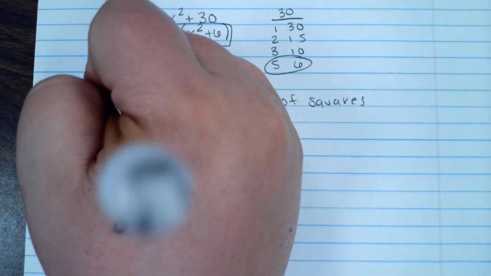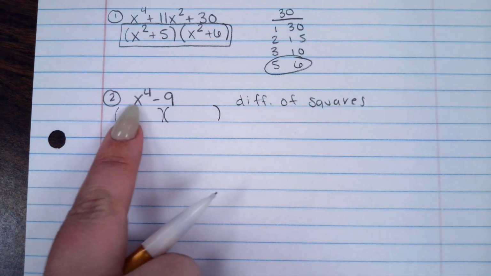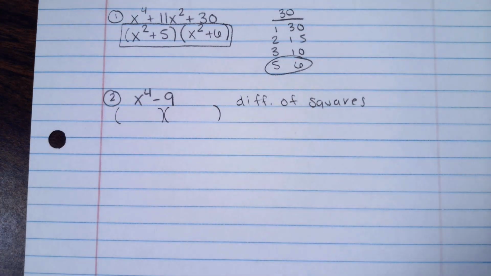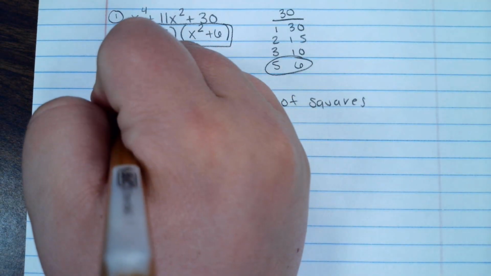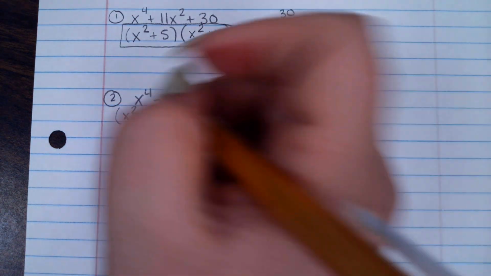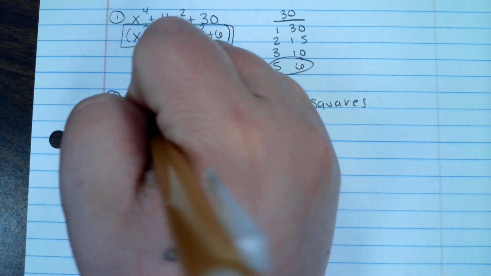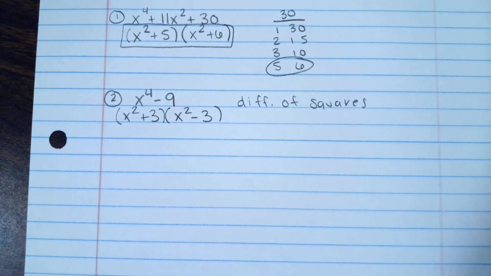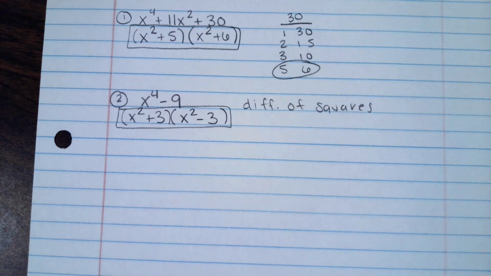So remember, we're going to take the square root of both our terms, and then we add them and we subtract them. So the square root of x to the fourth is x squared. The square root of 9 is 3, so it's x squared plus 3, x squared minus 3. That's it.